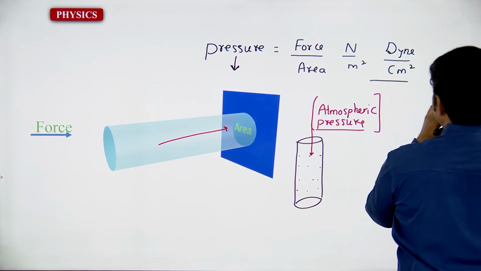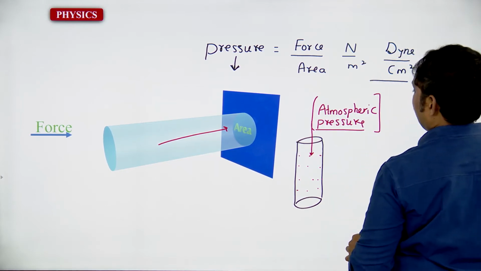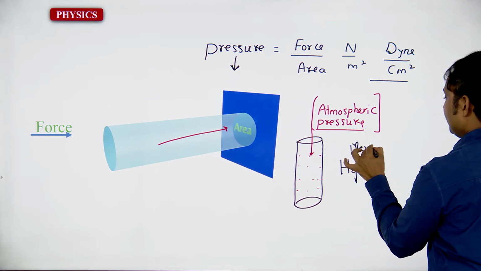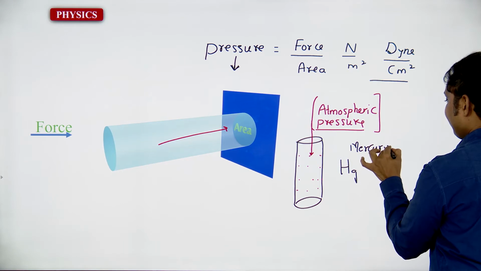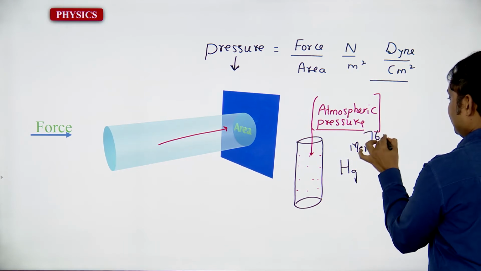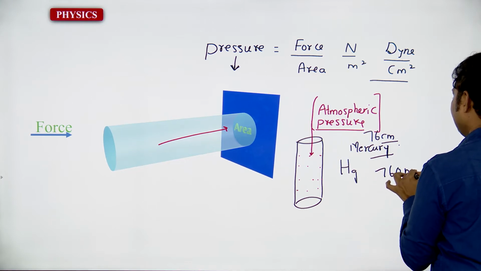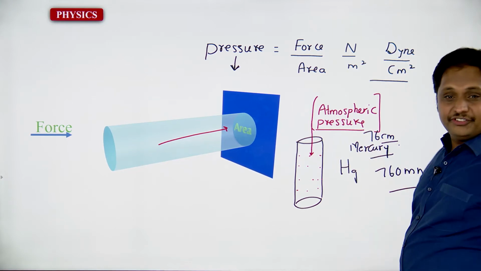Then you get Hg, mercury, 760 mm. Its conversion is very clear.